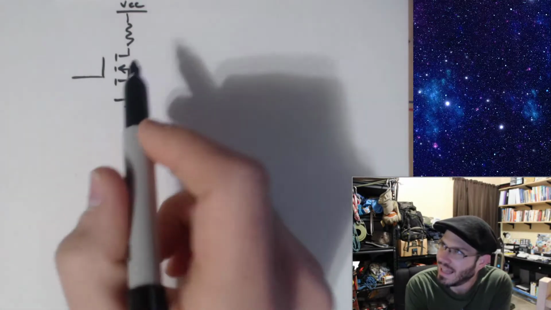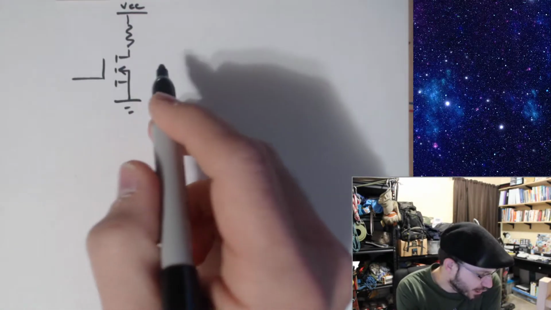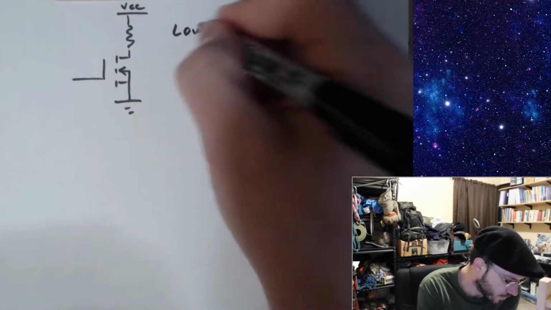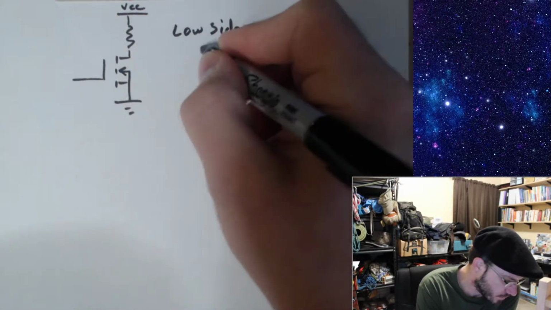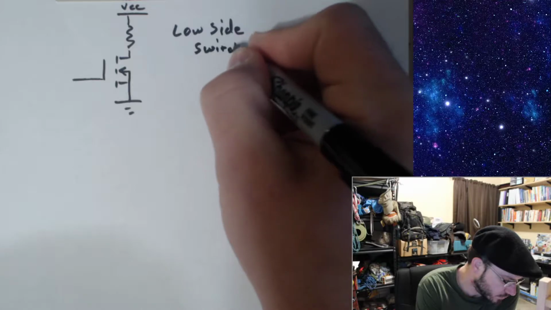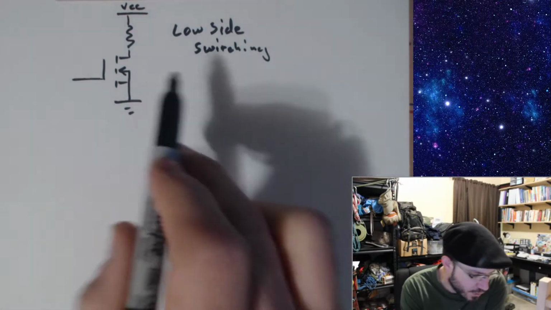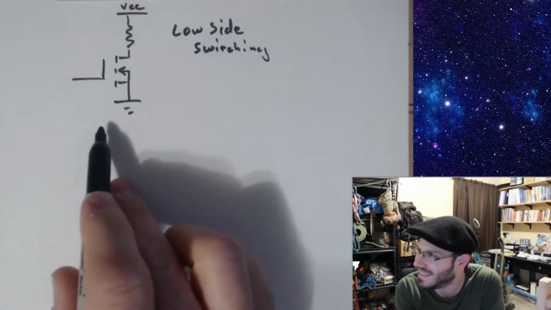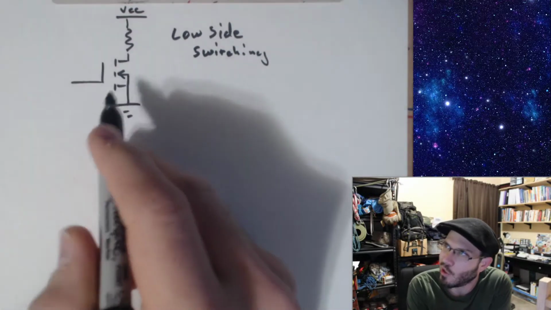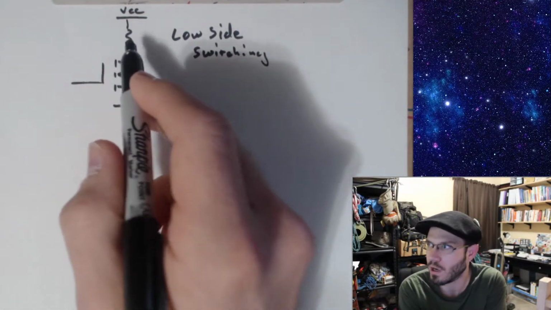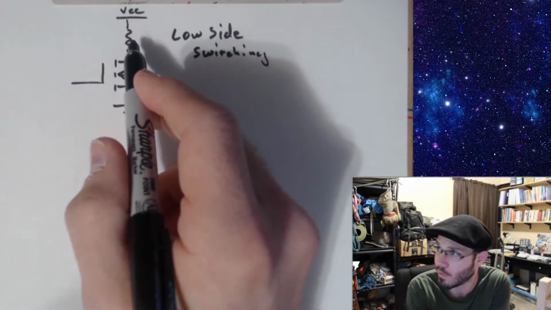And as we said last time, this is referred to as low side switching, because the MOSFET that's acting like our switch is on the low side of our load, whatever it is that we're trying to cause current to flow through.